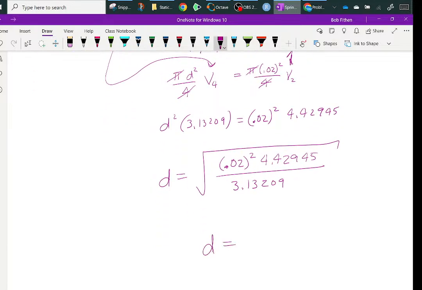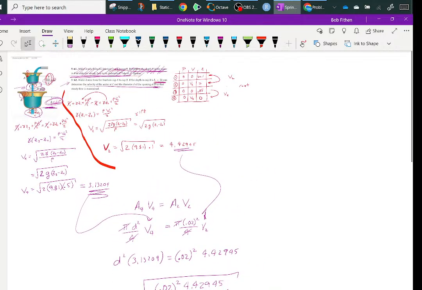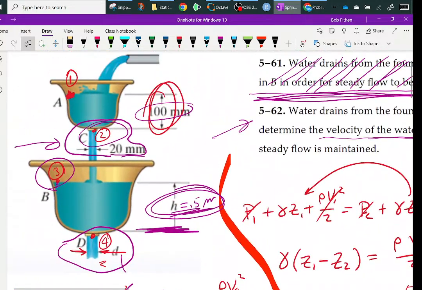So d, since that velocity is a little bit, here I'll calculate before I start talking. Okay, first of all, did it yet? Okay, so it says 0.02378842. So D is a little bit larger than this other. And the reason that has to be that way, the mass has to be maintained.